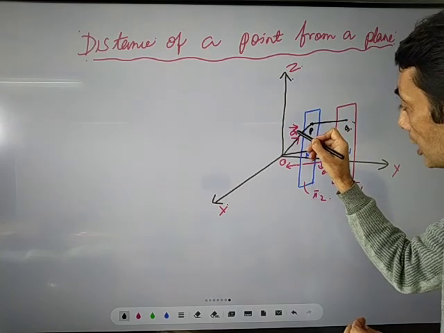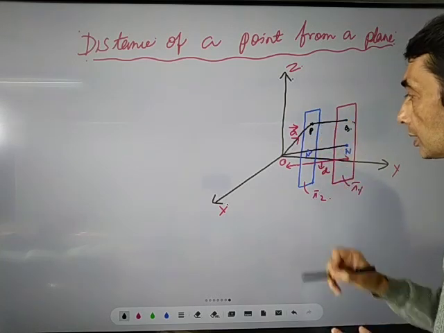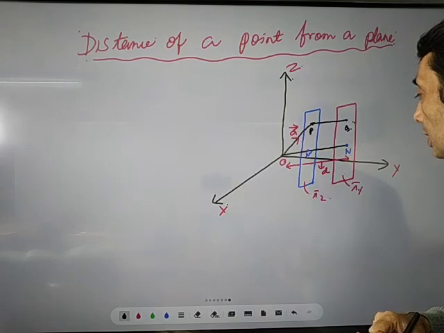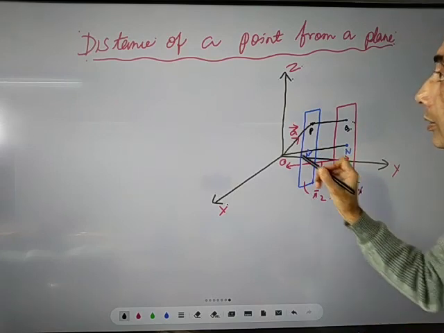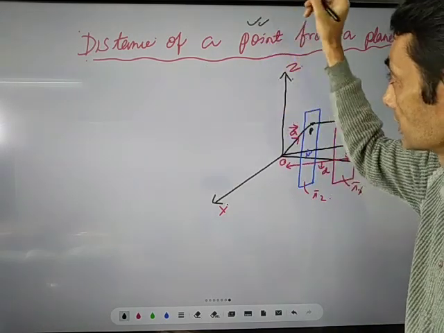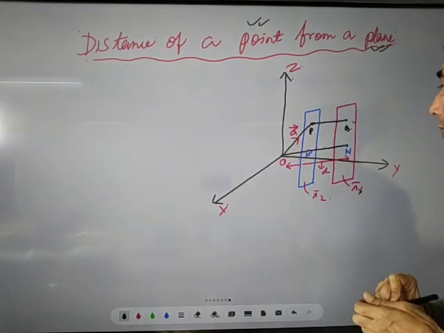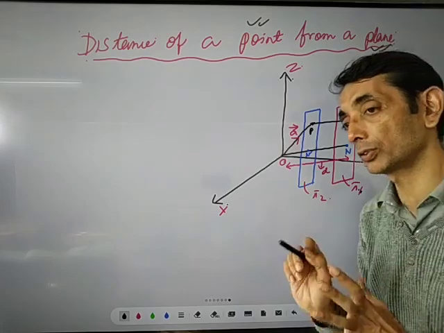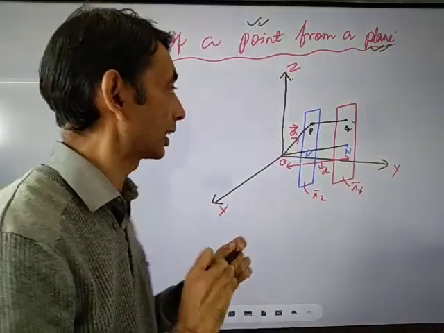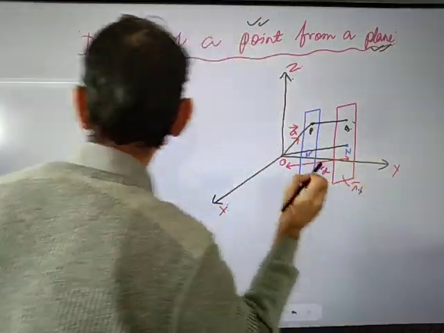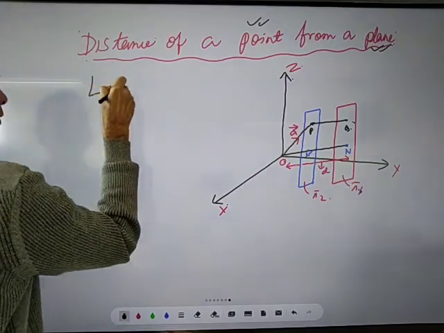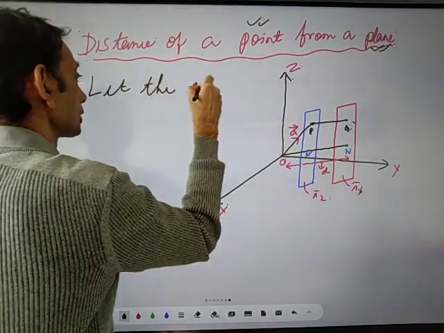Let a be the position vector of P. Since the point and a plane are given, say the given plane is pi 1, we know the equation of the plane.